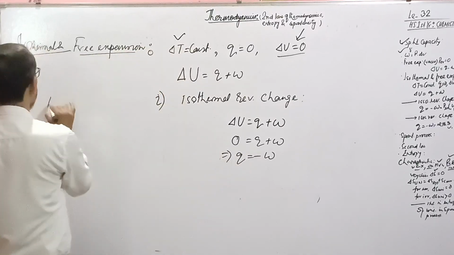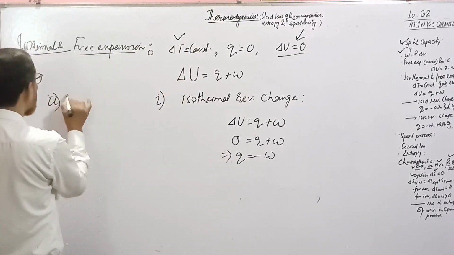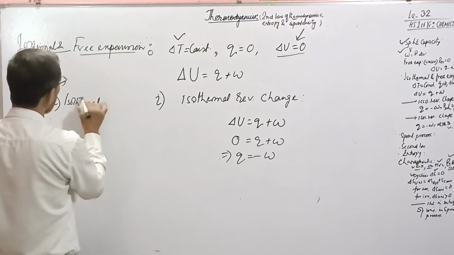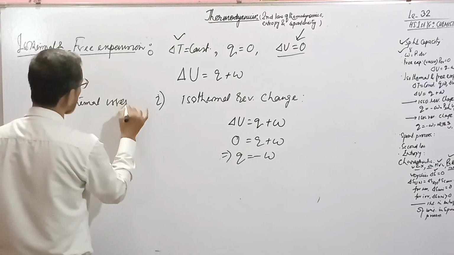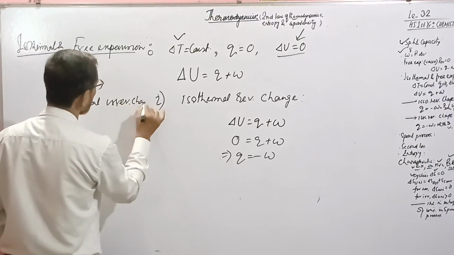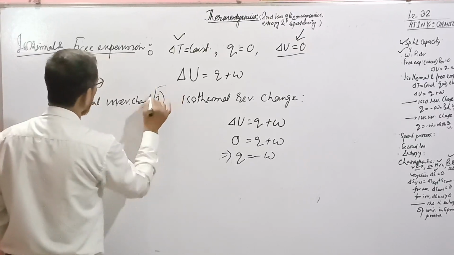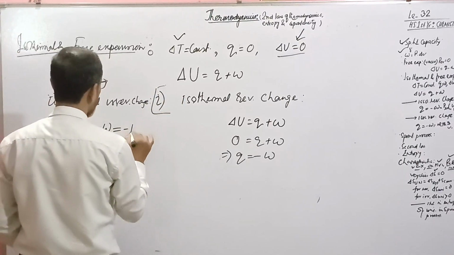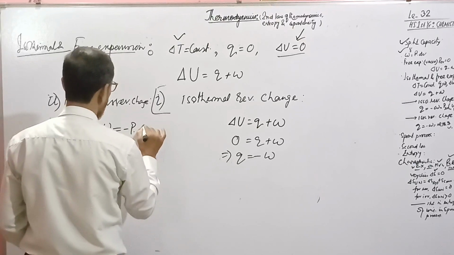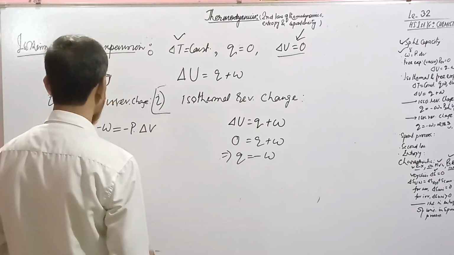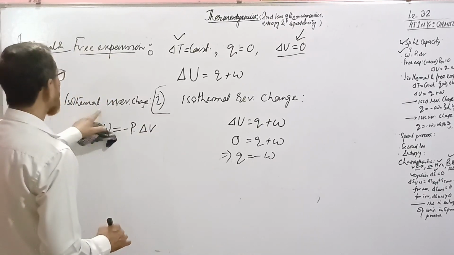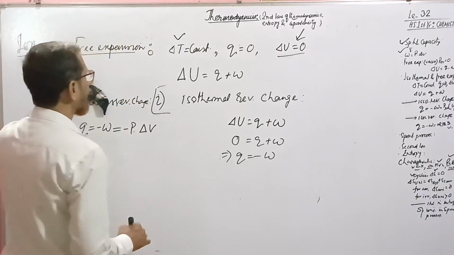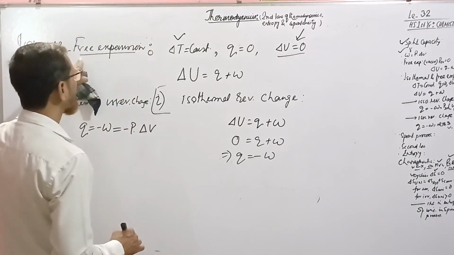Now if you make it an isothermal irreversible change, what happens? W, what is W? W is minus P into del V. When it is an irreversible change and there is free expansion, the equation of free expansion applies.